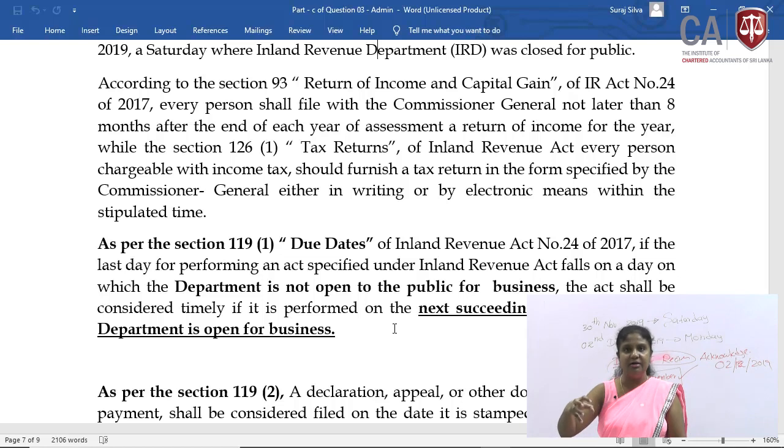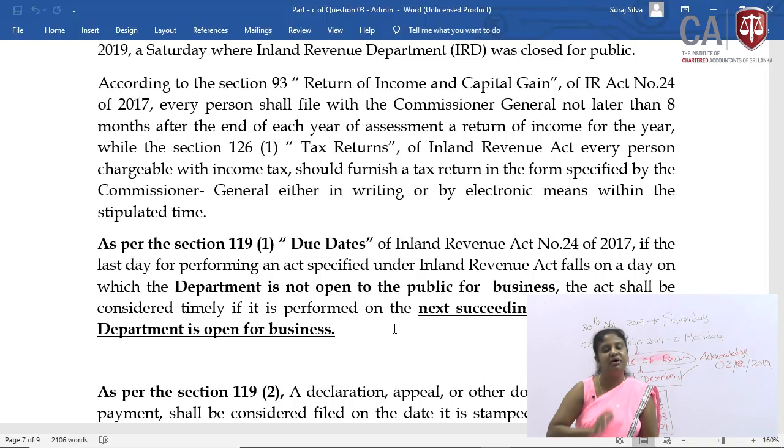I first explain the theoretical part and then go for the application part, because all three questions are tested on the same provision of the Inland Revenue Act, which is section 119 subsections 1 and 2. Again, my answer format is to take the theoretical provision from the Inland Revenue Act, take the information from the scenario and explain the scenario. Finally, I have provided the recommendation or conclusion or advice to my particular client.